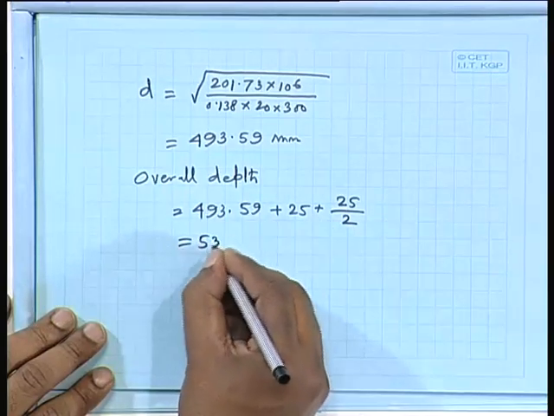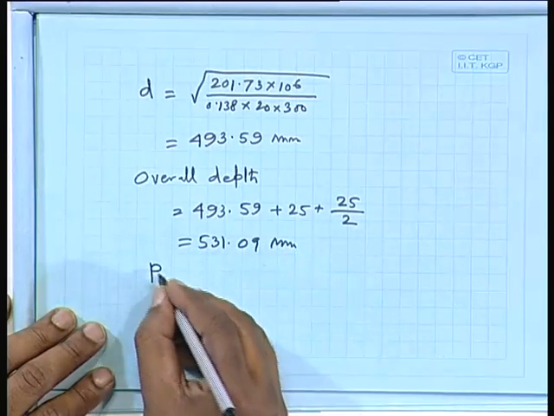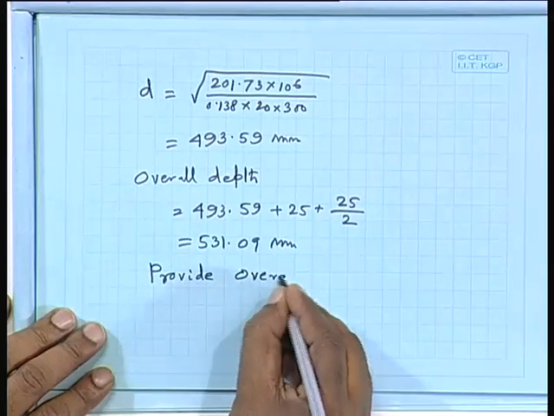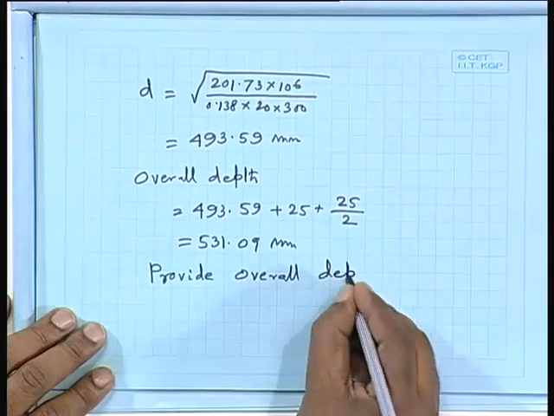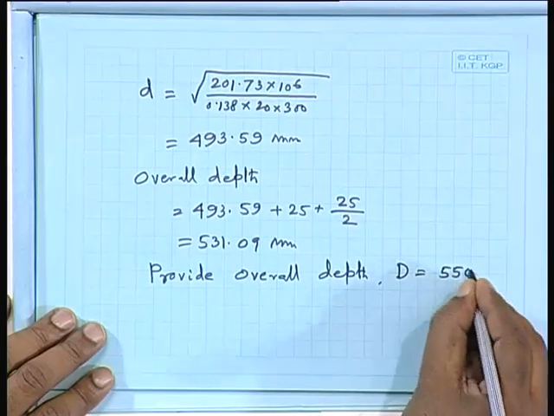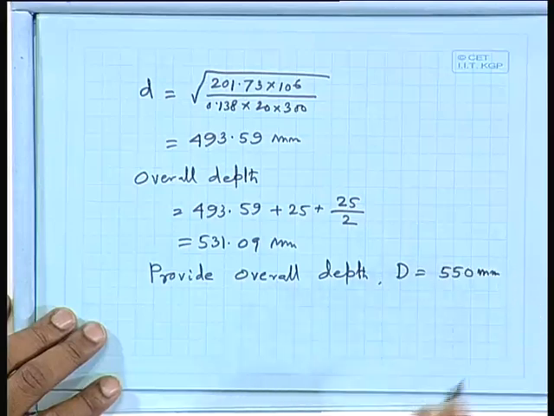So 531.09 millimeter; provide overall depth D equal to say 550 millimeter. 540 also we can provide, but anyway let us check for 550 millimeter.